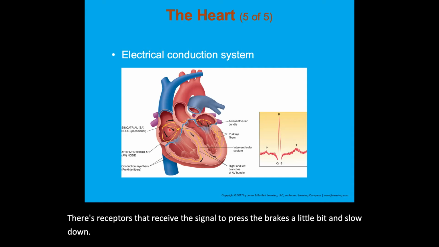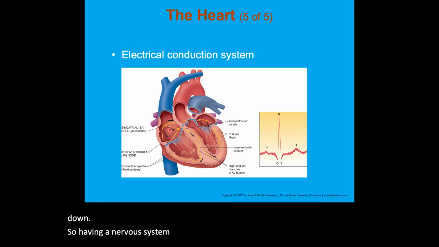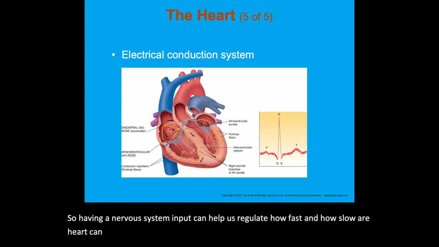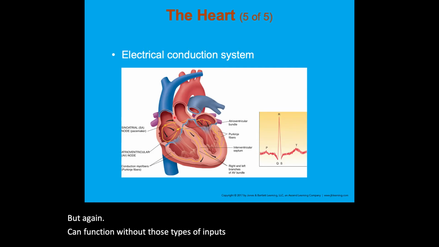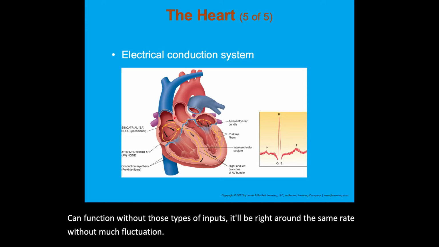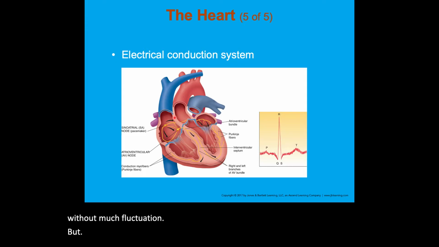So having nervous system input can help us regulate how fast and how slow our heart can go depending on the activity. But again, this can function without those types of inputs. It'll beat right around the same rate without much fluctuation, but you'll still be alive.